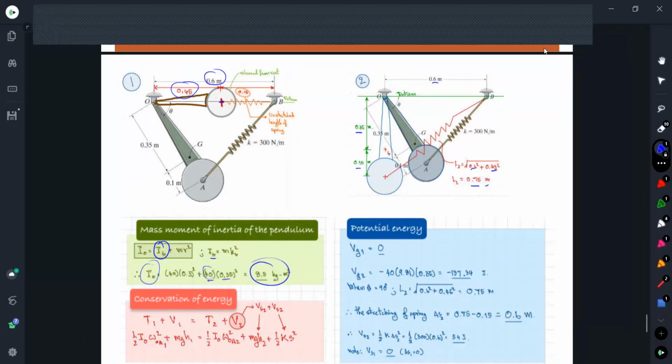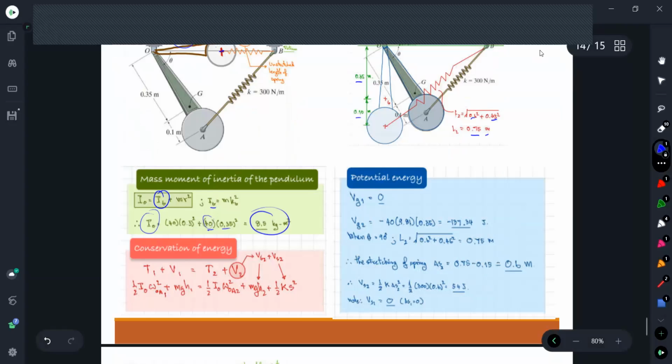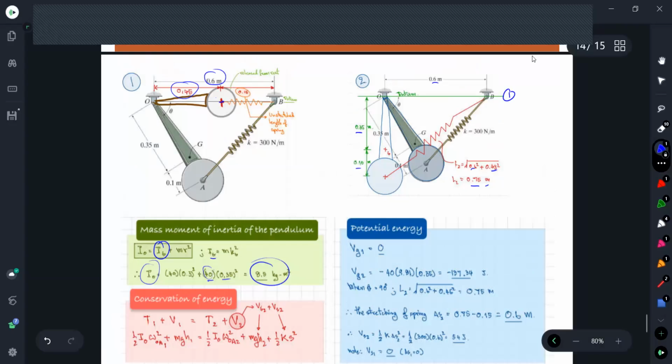We apply the conservation of energy for this system because this is a conservative system. It is composed of only the gravity force and the spring elastic force, which are both conservative forces. So after we consider this, we set the datum at the first position.